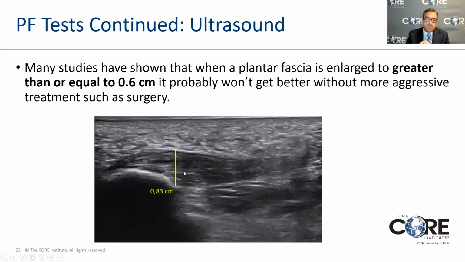But right here, it's pretty thick. So it's 0.83 centimeters thick on this ultrasound, and this is what we're looking for. There have been many studies over the years showing that if the plantar fascia is greater than or equal to 0.6 centimeters, a person's going to have a hard time getting better with conservative treatments.